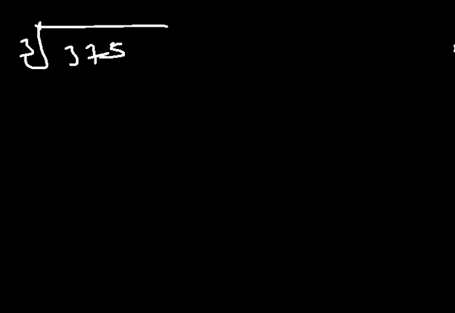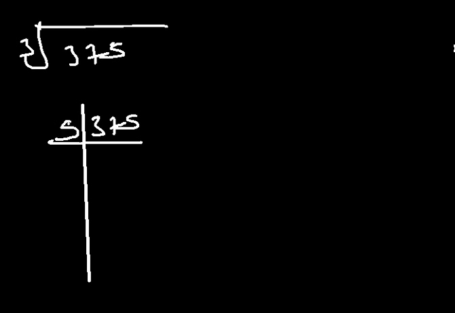How can we check that? Another way you can try is to go by this, where you have 375. So what is a possible common factor? We'll have it as 5.